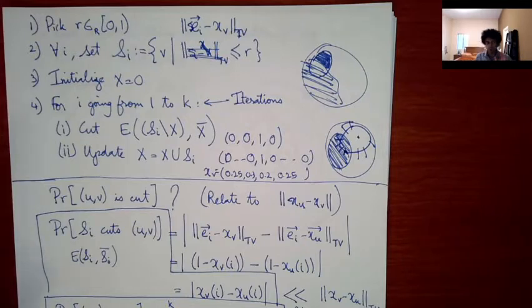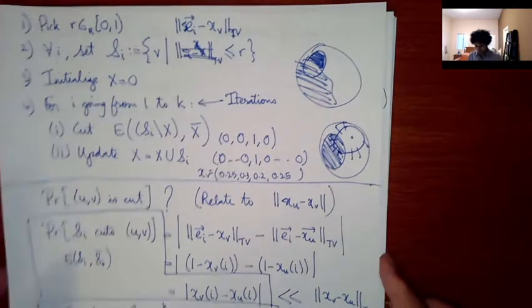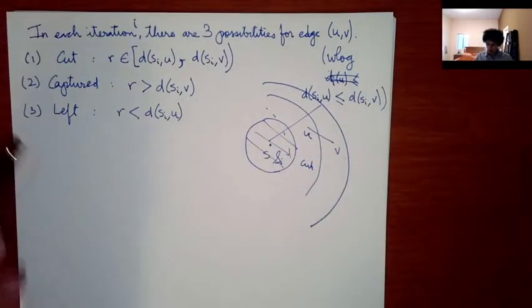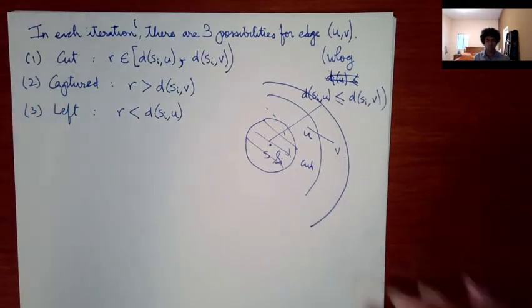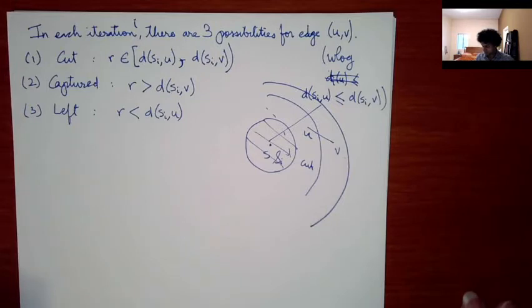This is a very important point because this is how we're going to go from 2 to 3 halves. So what happens when an edge is captured? If an edge is captured in an iteration, what can you say? Are you looking for that if it's captured, it's not going to be cut?